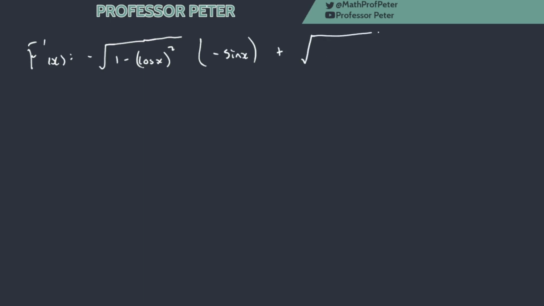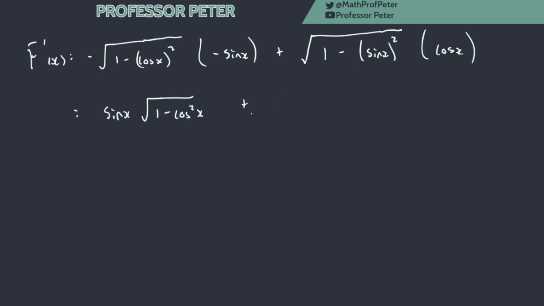Then we'll add the derivative of the second integral, which is 1 minus, instead of t squared, we evaluate that at sine of x, and we multiply by the derivative of sine of x, which is cosine of x. All right, so a negative times a negative is positive: sine of x times the square root of 1 minus cosine squared x plus cosine x times the square root of 1 minus sine squared x.